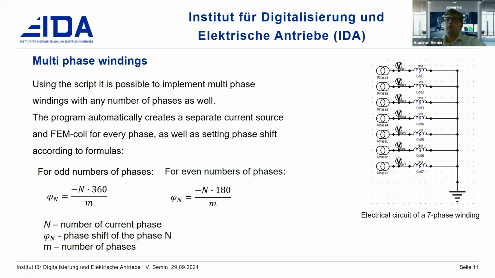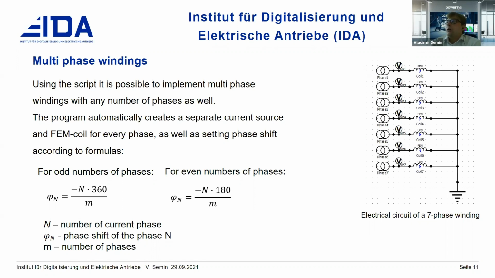The script can also implement multi-phase windings, and it means that not only different winding configurations can be tested, but also different phase numbers could be tested, which is a bit complicated to do with existing tools.